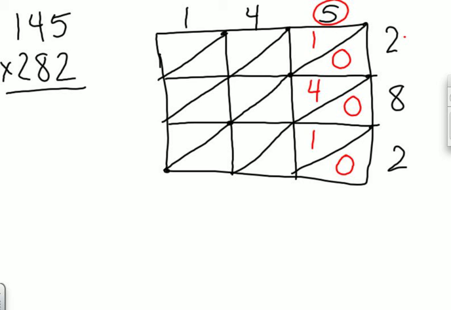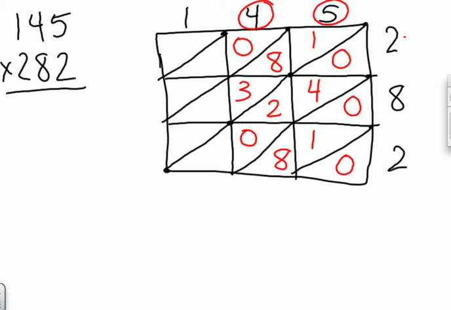Okay, now moving on to the second column, the 4. 4 times 2 is 8. Since 8 is a single-digit number, I need to put a 0 in front of it. Okay, 4 times 8 is 32. 4 times 2 is again 8, so I need to put a 0 in front of that 8.